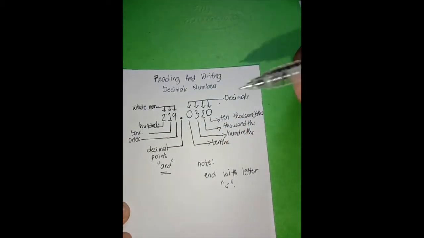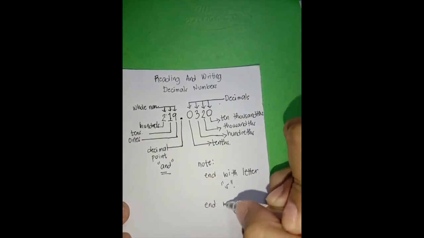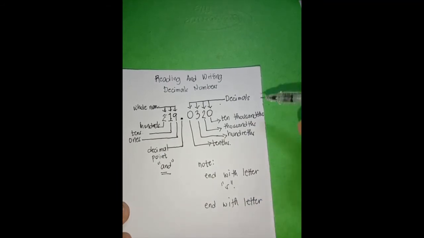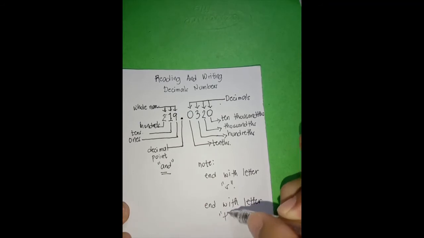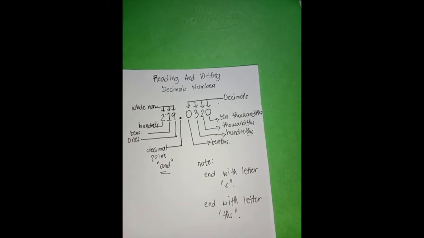While in our decimal places, they end with THS. So tenths ends with THS, hundredths ends with THS, thousandths ends with THS, the ten thousandths ends with THS, and so on and so forth.